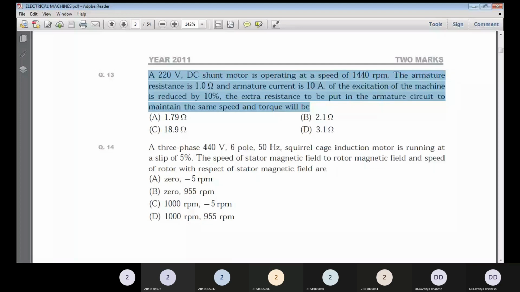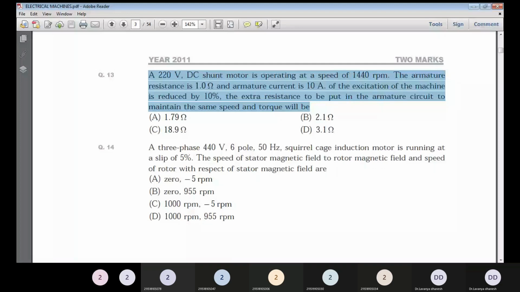Then add the armature resistance. Armature resistance is given as 1 ohm, and the armature current is 10 ampere.